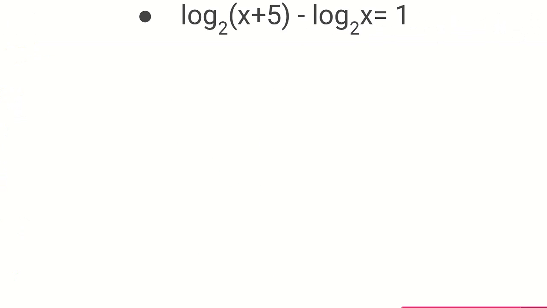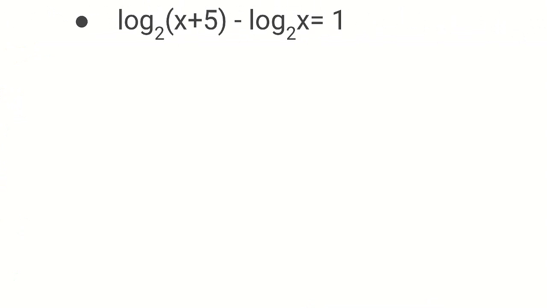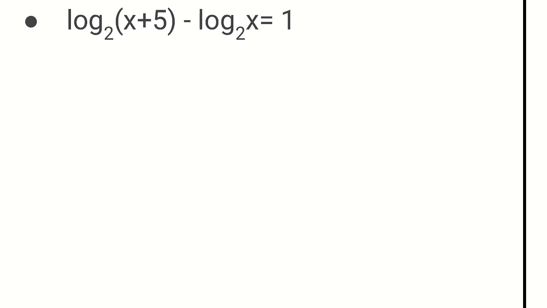All right. Does anyone have an idea where to start with this one? Where should I start? Well, notice that we have 2 log base 2's. We're subtracting them. So which rule can we use?